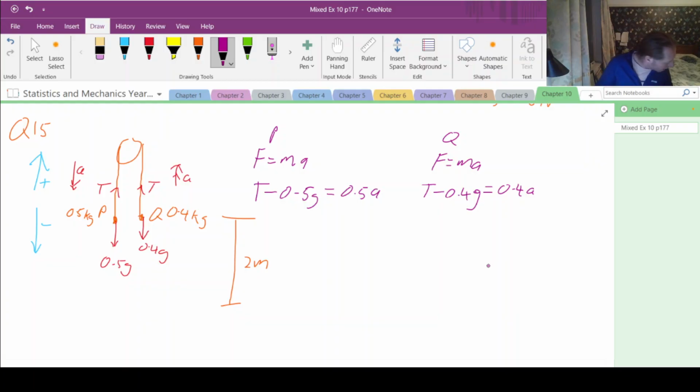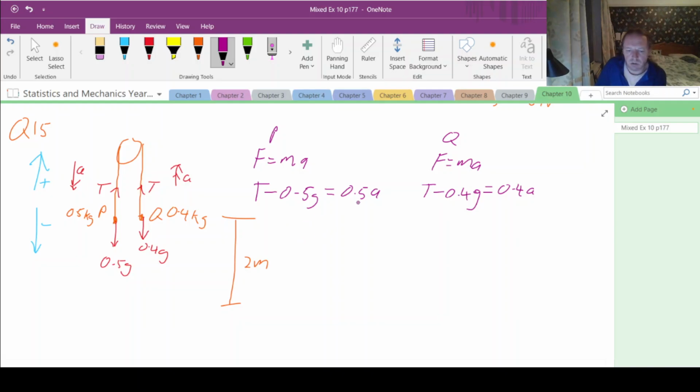Right, what's next? B. Find the tension in the string immediately after the particles are released. Well, we could find the tension by basically using these equations and getting rid of A in them. So we need to do a bit of simultaneous equations.